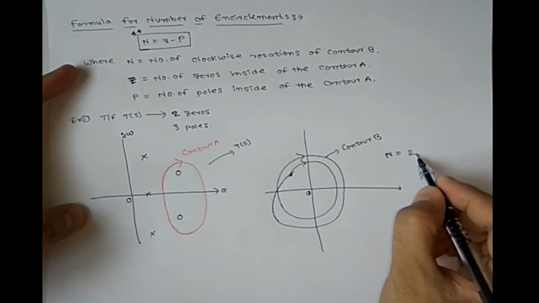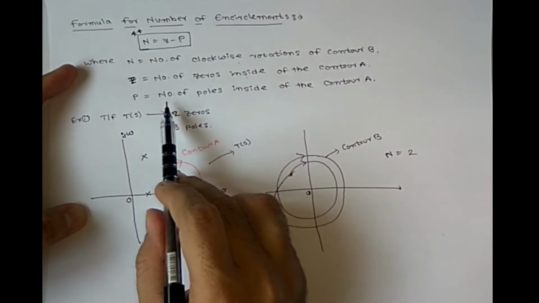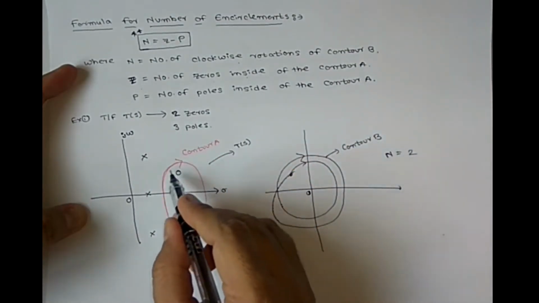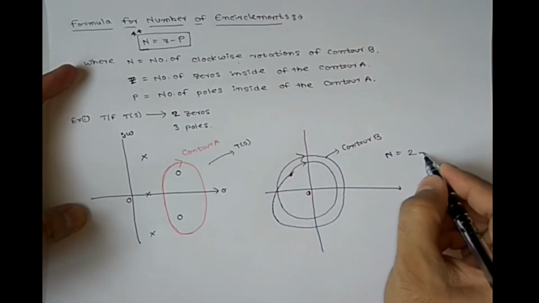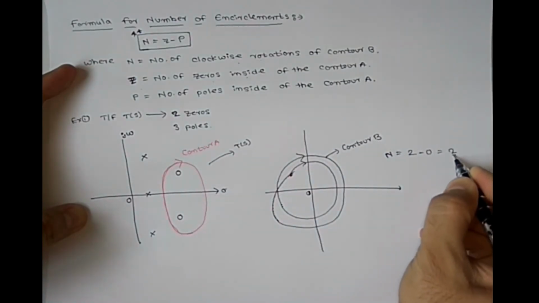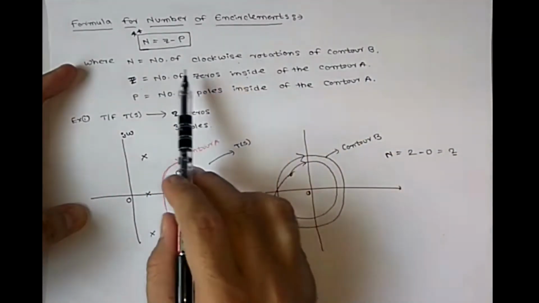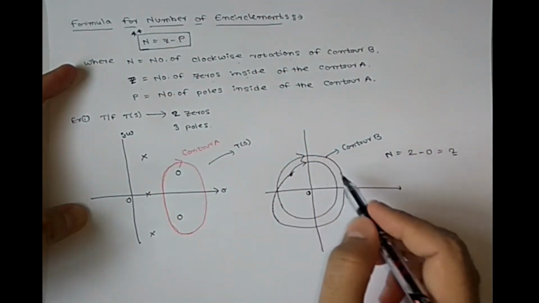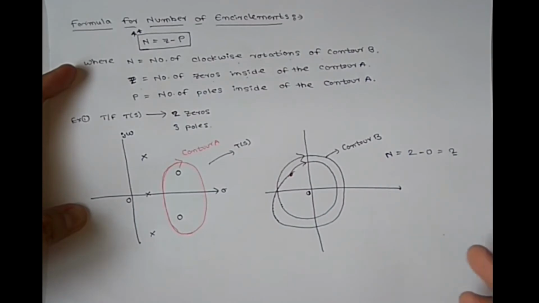Two zeros. And P is the number of poles inside of contour A. So are any poles inside? No, right? 2 minus 0 is 2. So N equal to 2 means we have 2 clockwise rotations of contour B.